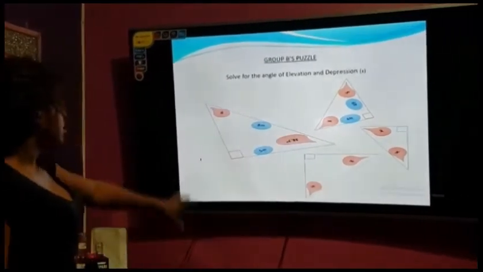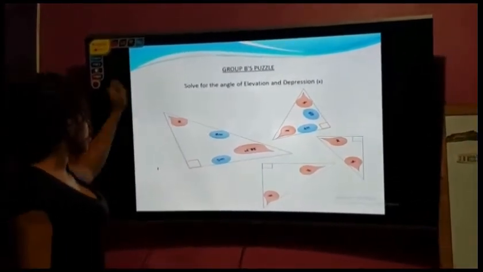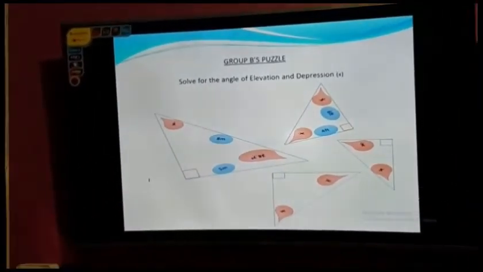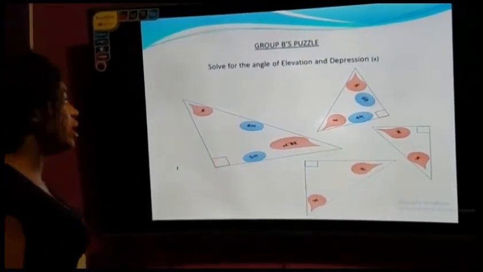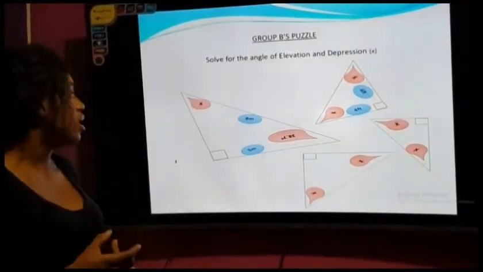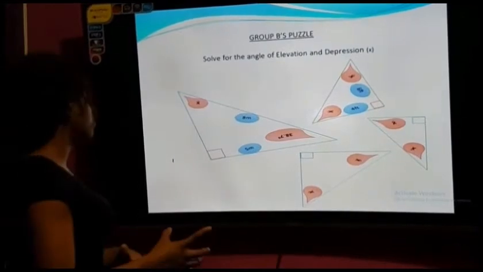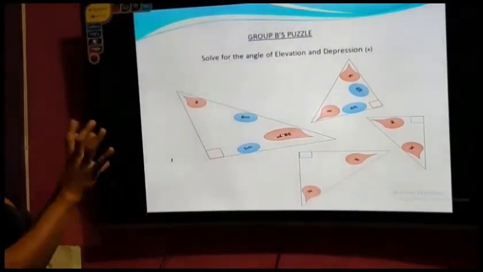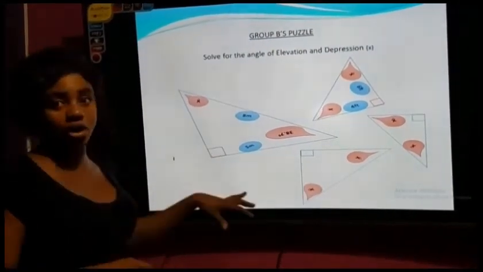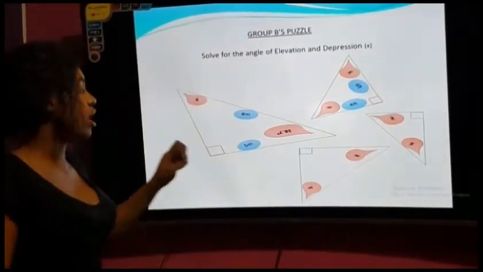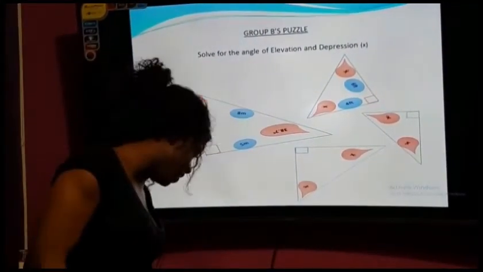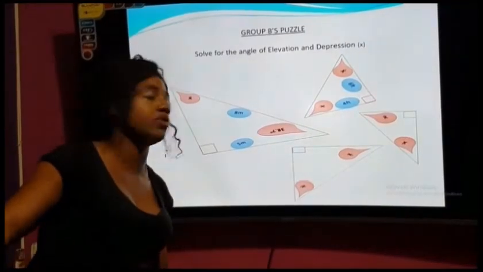And this is Group B's puzzle, which prompts them to solve for the angle of elevation and depression. What they should do is rearrange this puzzle in a way to form a box or a square, and then they will solve for X and determine the angle of elevation, hence the angle of depression.